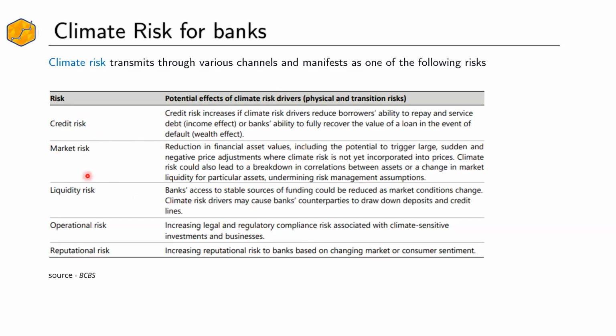Now, when we talk about market risk, what do we talk about? We talk about market prices. What kind of prices? Stock prices, commodity prices, foreign exchange rates, those things. How do those get impacted by climate risk? The easiest way to relate this is with flood or earthquake.